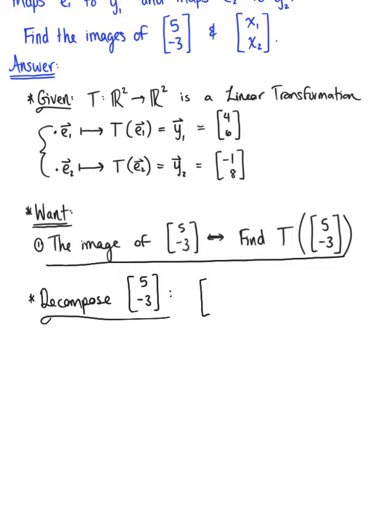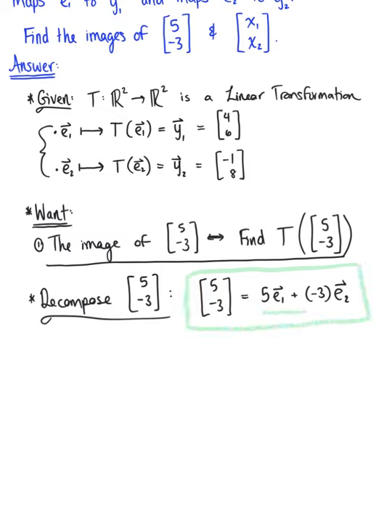So we know that vector (5, -3) is equivalent to 5 multiplied by the elementary vector e sub 1 plus -3 multiplied by the elementary vector e sub 2. So these two forms are equivalent, but this second form, this linear combination of the elementary vectors, is going to allow us to apply the properties of a linear transformation.